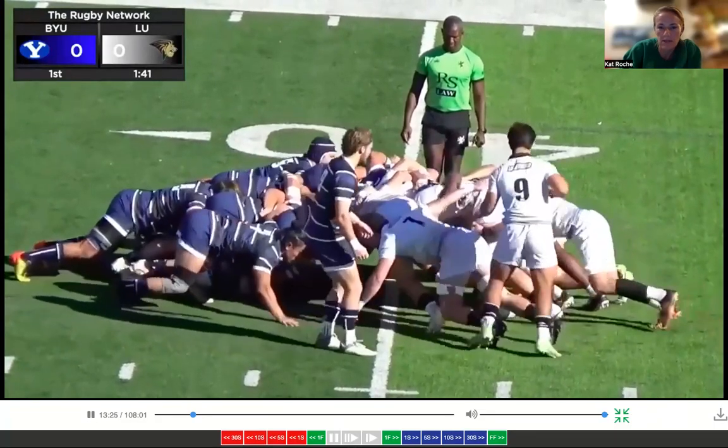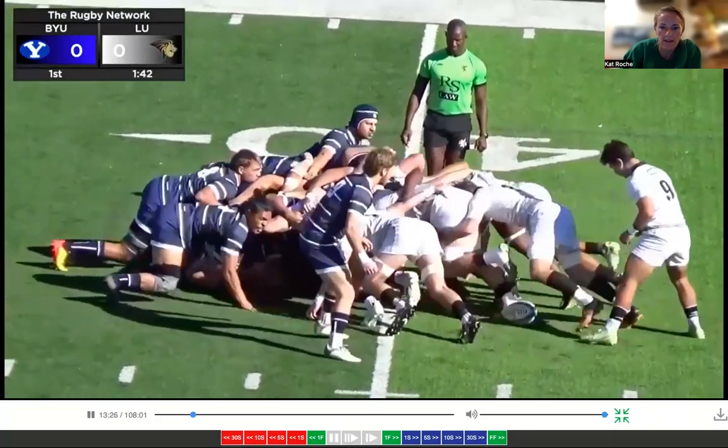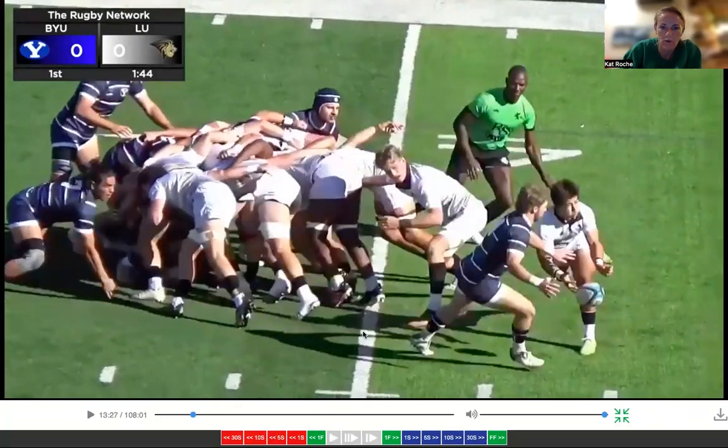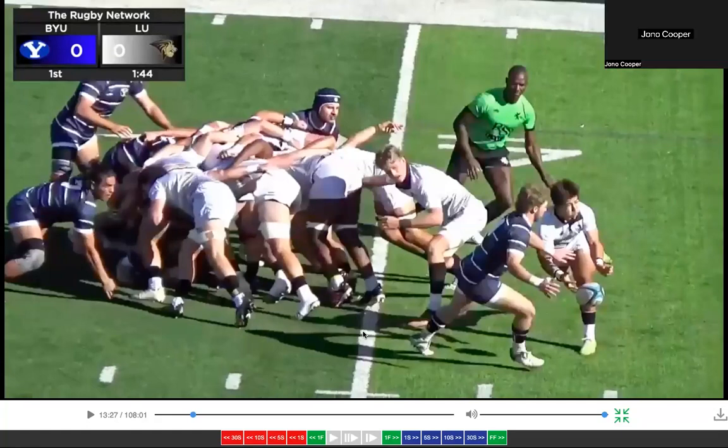There's maybe a little bit of movement by white. Cool. Big picture, what team moves forward? White. And which direction do they go? Pretty straight, then up the field a little. Yeah, like due north.